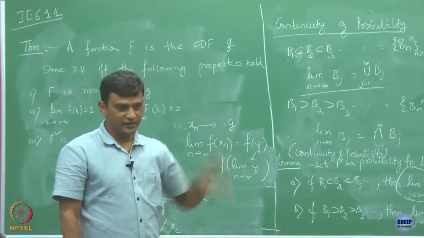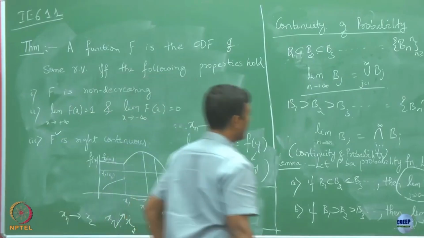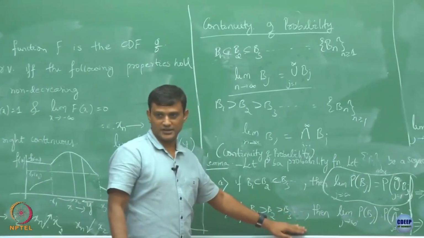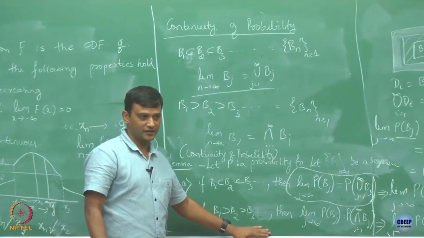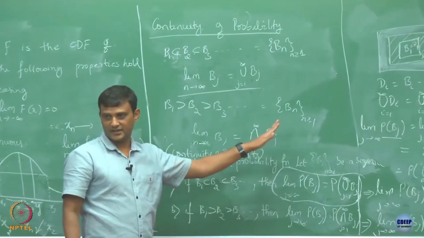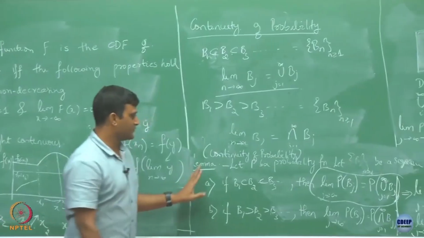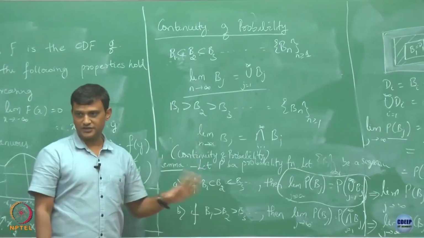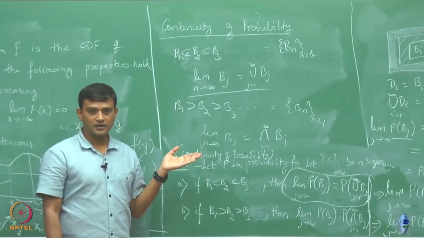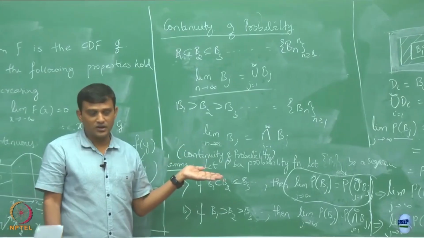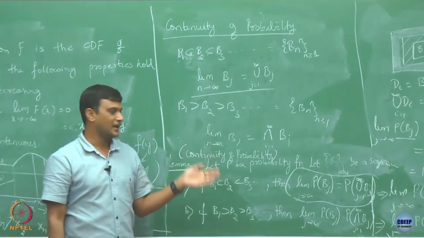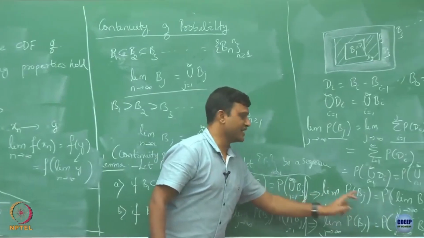Largest one at infinity, you don't know. So think about this, just do it as an exercise, okay? You should be thinking along exactly the same line. Okay, fine. So ultimately, all this detour is just to convince ourselves that if there is a probability function, I am able to interchange limit and probabilities.